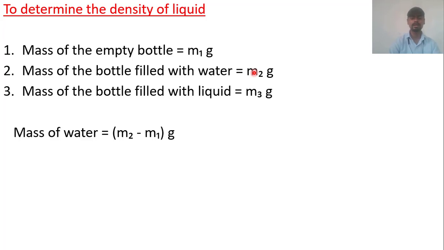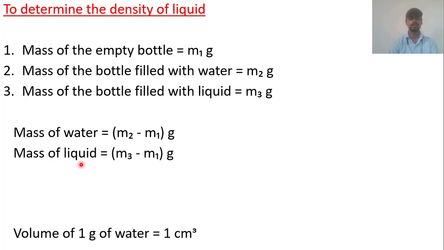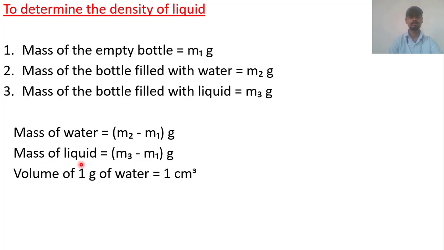In a similar way, we calculate the mass of the liquid. The mass of the liquid is M3 minus M1, because M3 is the density bottle filled with liquid minus the mass of the empty bottle. Now we have the mass of water as well as the mass of the liquid.